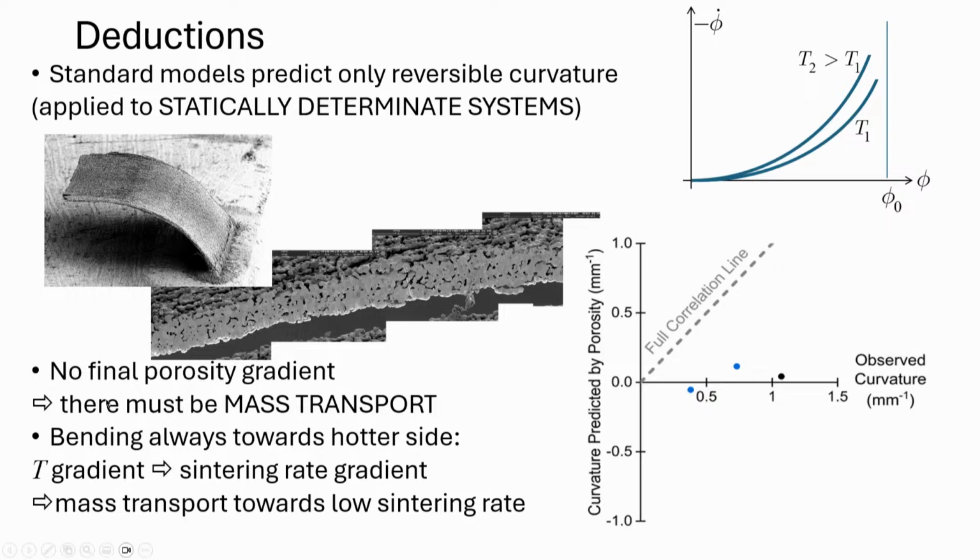So there must be a mass transport mechanism, because in the end you only have voids and solid mass. The porosity would be higher on one side, on the outer side. From our experiments, there is no gradient in porosity. It's negligible.